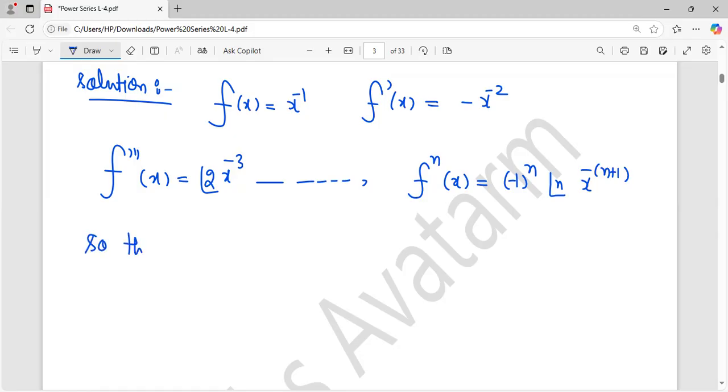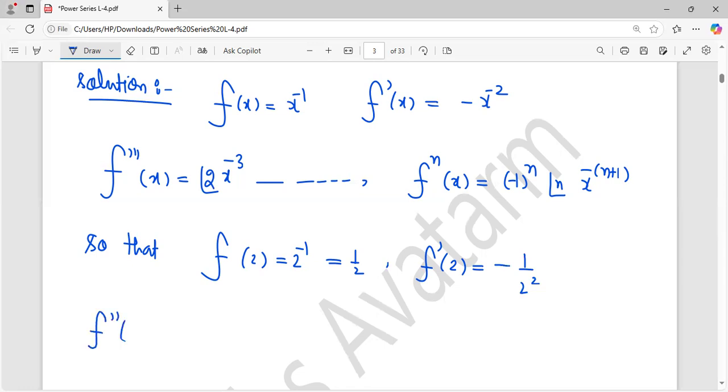So that f(2) is 1 by 2, f dash 2 is minus 1 upon 2 squared, f double dash 2 upon factorial 2 is equal to 2 to the power minus 3.